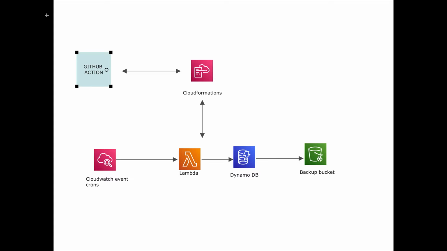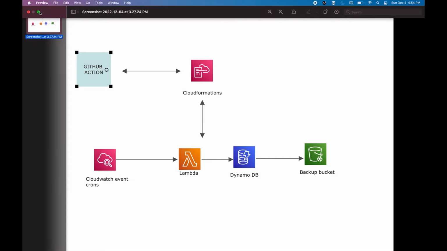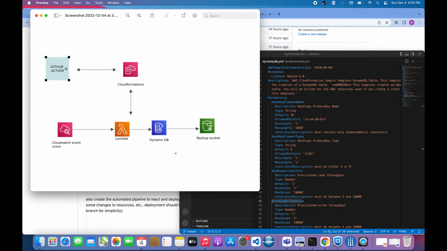This Lambda, using the AWS SDK, implements our backup strategy using the code that we have written in the Lambda, and this backup is ultimately stored in the backup bucket. So this is our overall plan.